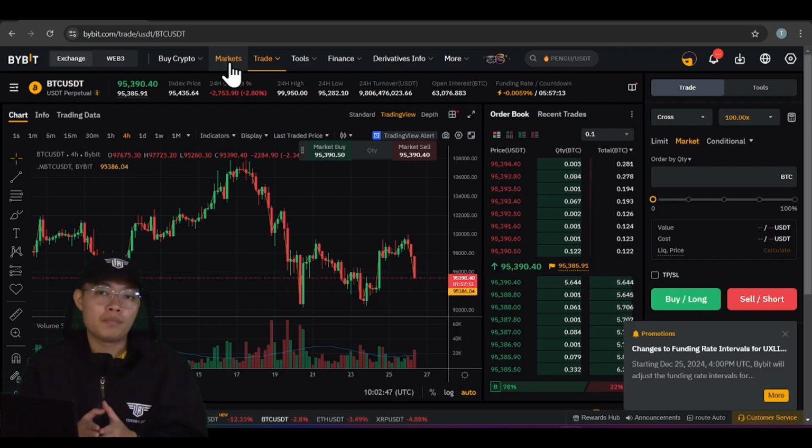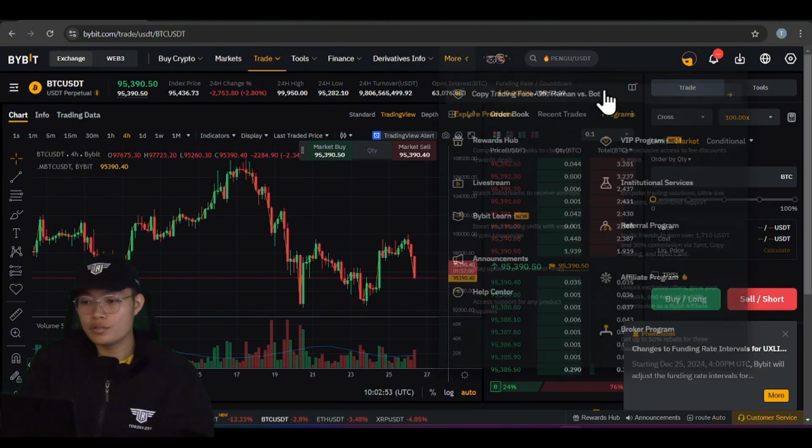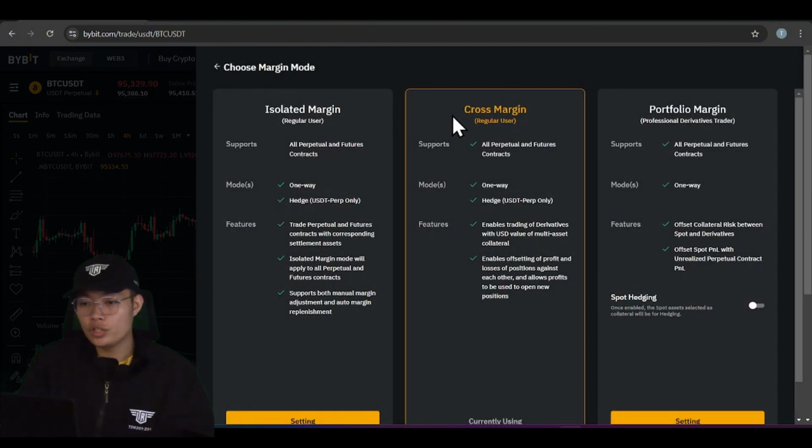When trading futures on ByBit, you will encounter two types of margin modes: cross margin and isolated margin. As you can see here, we got two types of mode. What is isolated margin and what is cross margin? This determines how your account balance is used to support and manage your trades. Let me explain the difference.